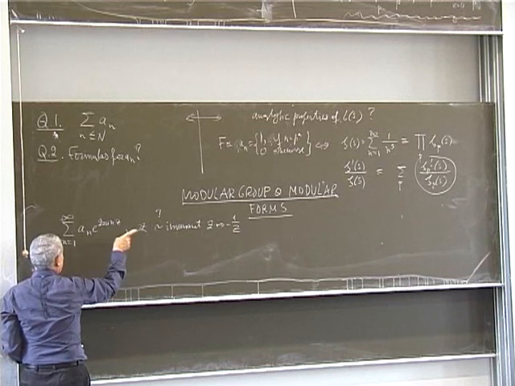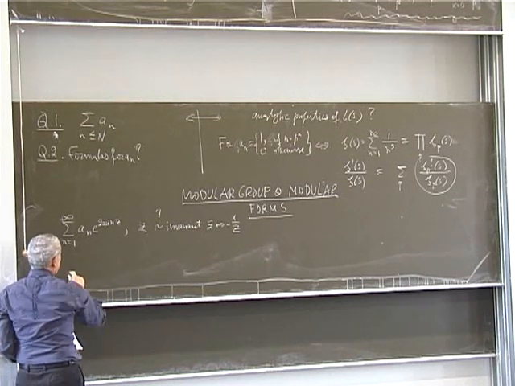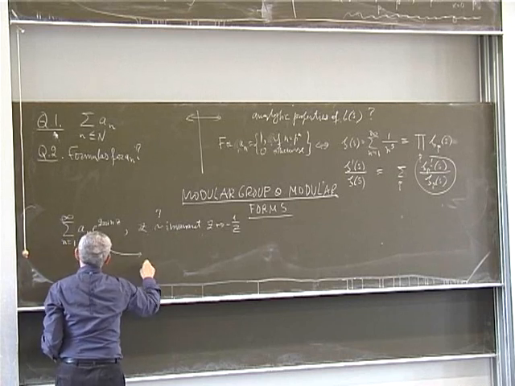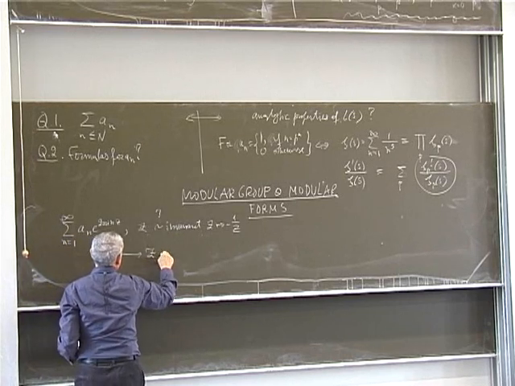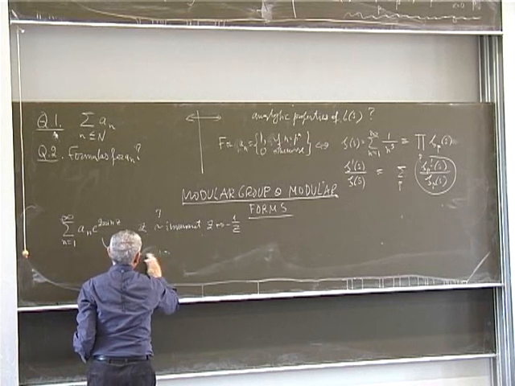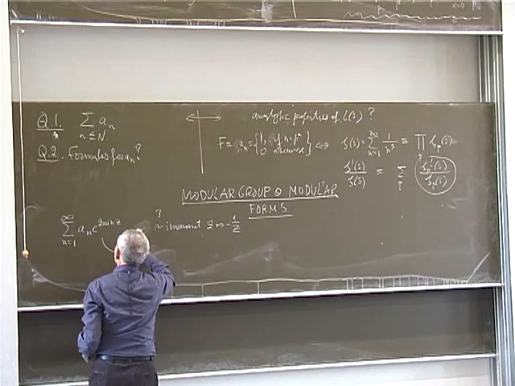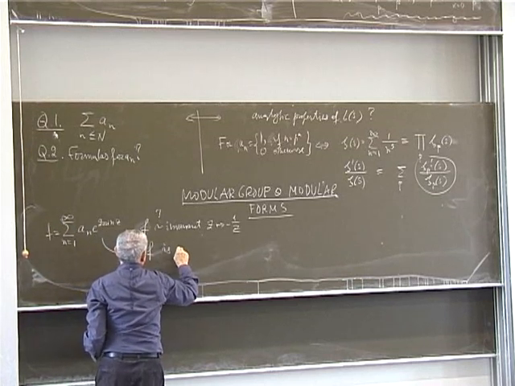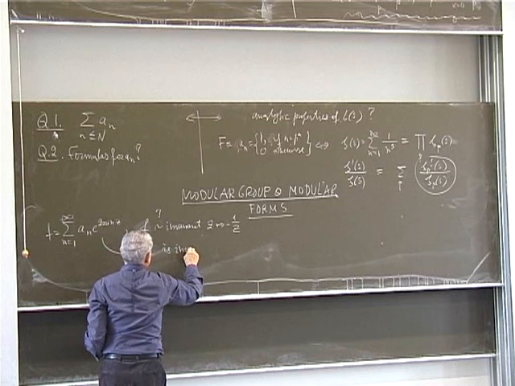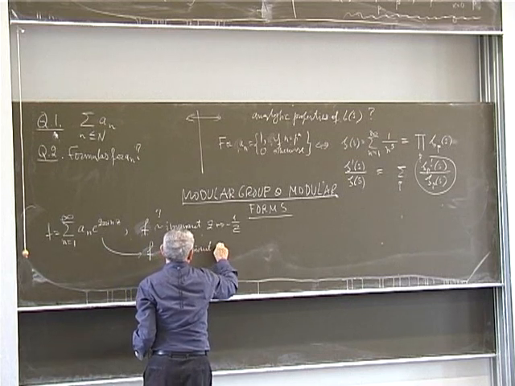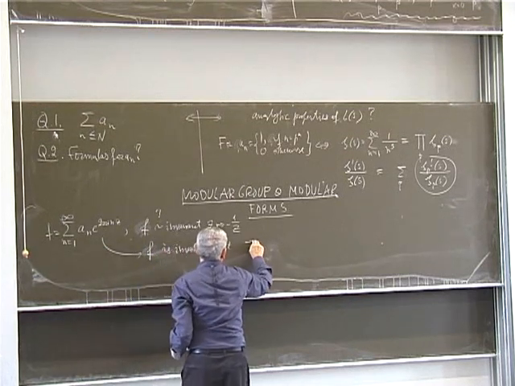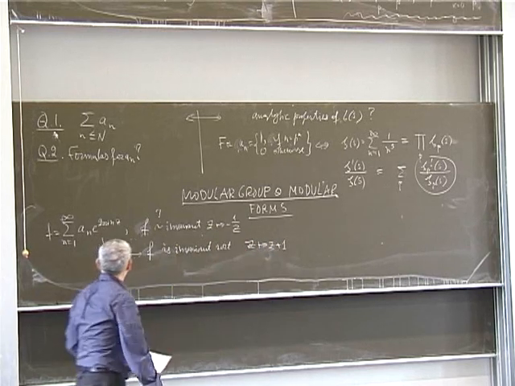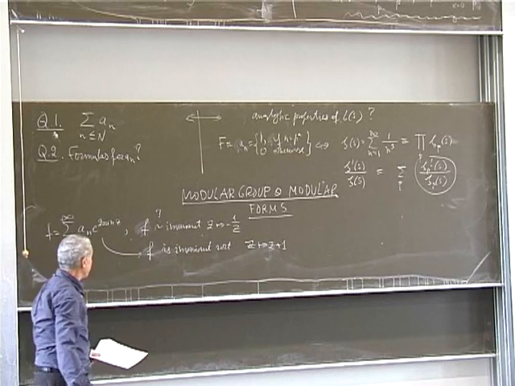But for the time being, the gist of the matter is that there is one more obvious transformation: f is obviously invariant with respect to the transformation z goes to z plus 1, just because it is a Fourier series.